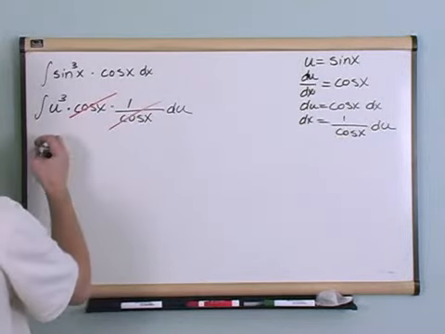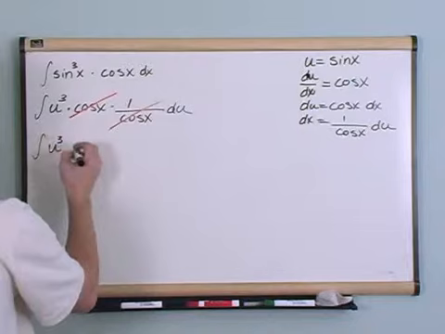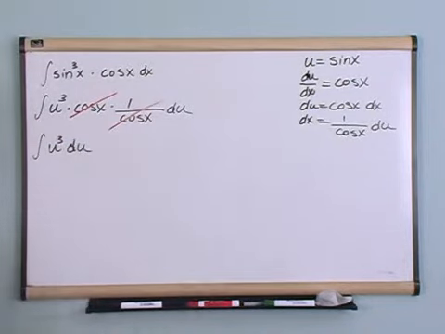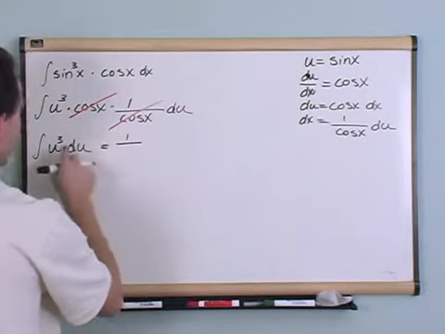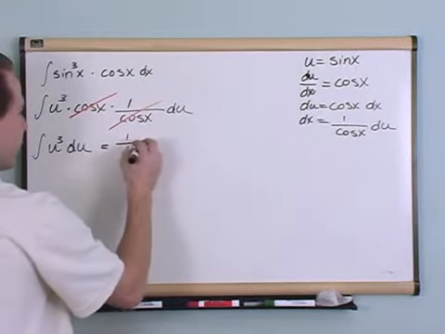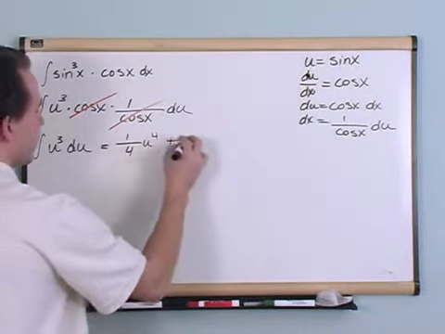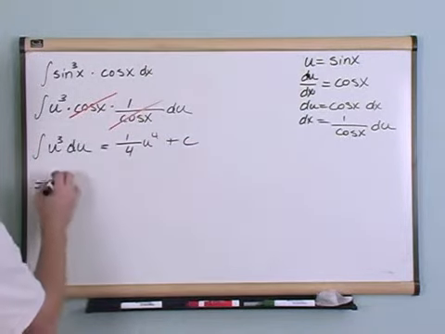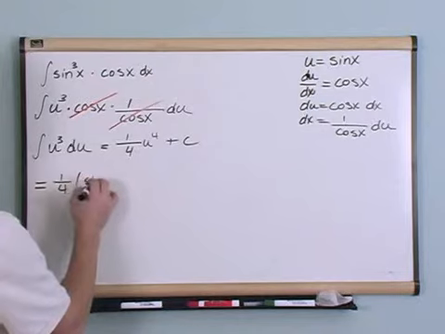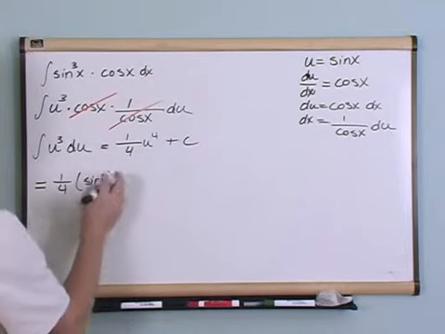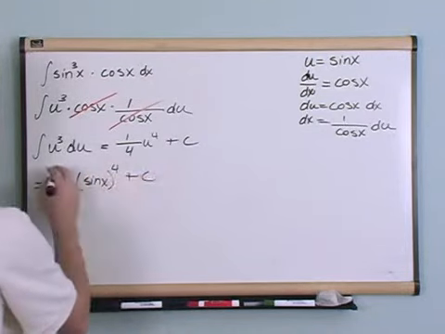Now you're left with something very manageable, u cubed du, which you know how to integrate. It's the exponent plus 1, so u to the 4th, plus a constant. And so you end up having 1/4 sine x to the 4th power plus a constant.